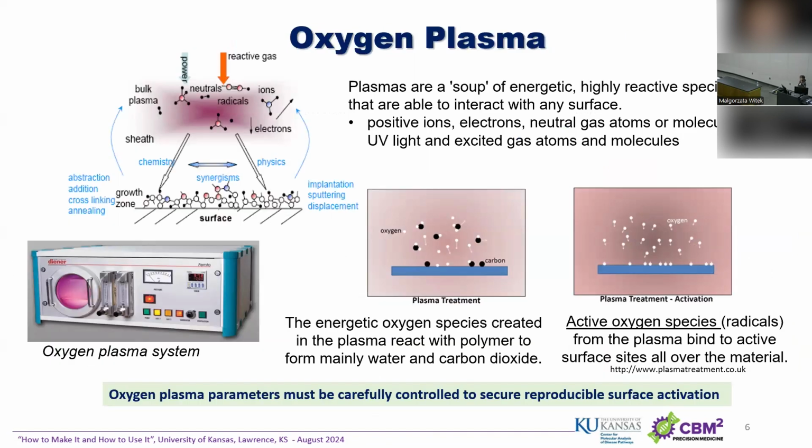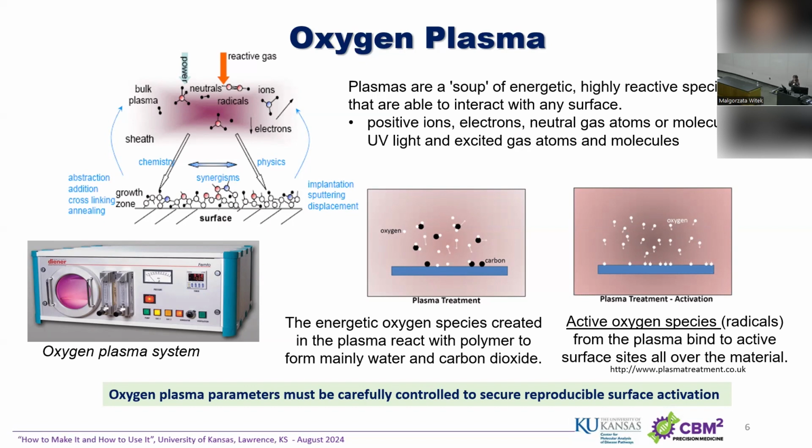So how can I make those thermoplastics hydrophilic? There are a few options. One is using oxygen plasma, and it's a very dynamic process. There are a lot of positive ions, electrons, and active species in the oxygen plasma.